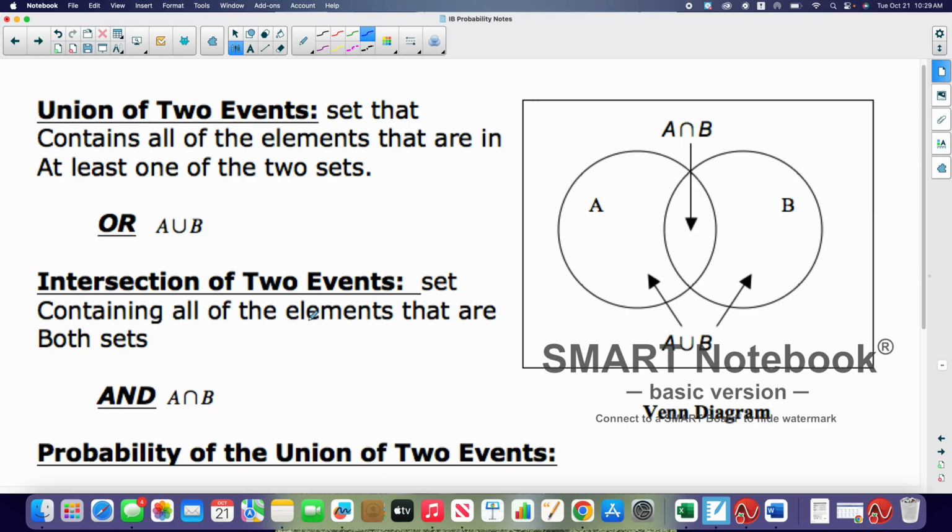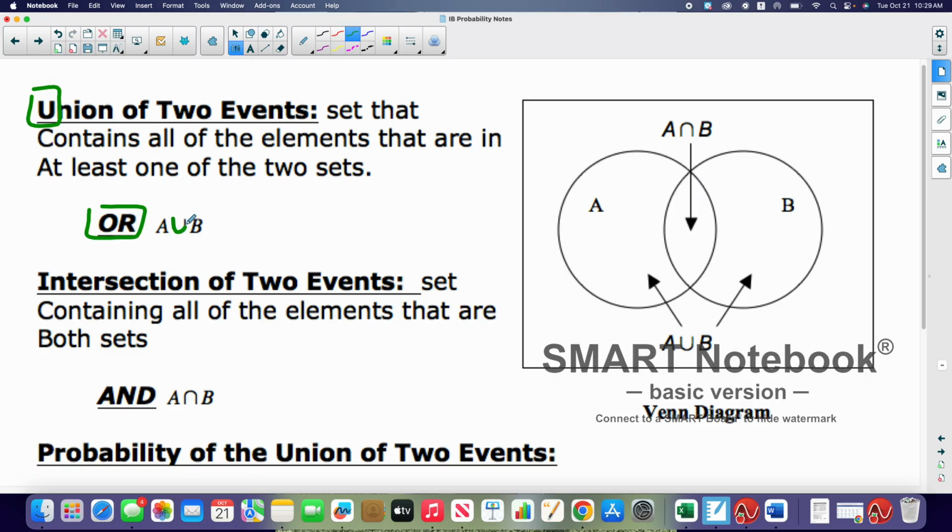This looks more like the Venn diagram that you're used to seeing. So we have two events, we have some intersection, things like that. So the first part, the union. The union of two events is the set that contains all the elements that are in at least one of the two sets, or both. So the key word here for union is or.